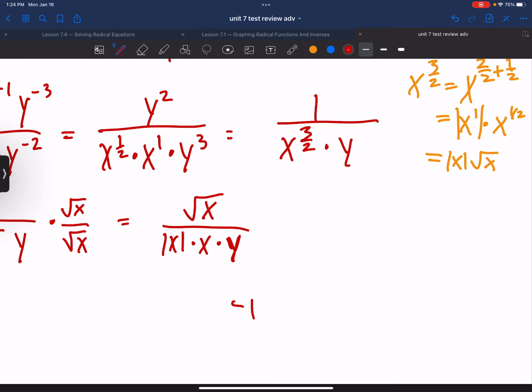If x was like -1, no, we would not be okay. So we'll leave it like that. Yeah, I think we have to leave it like that.